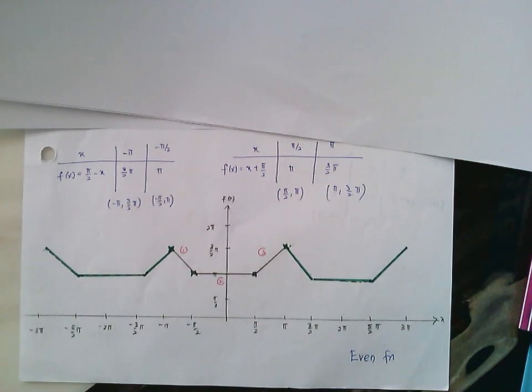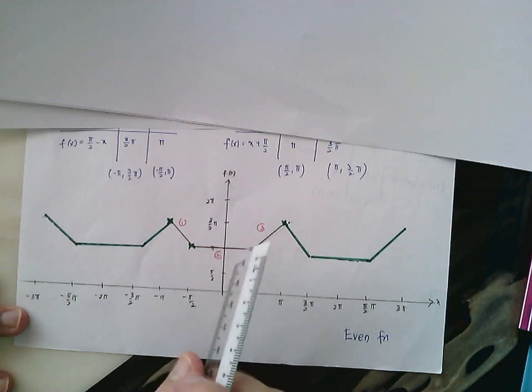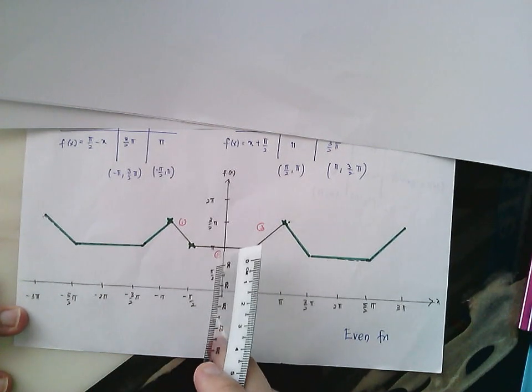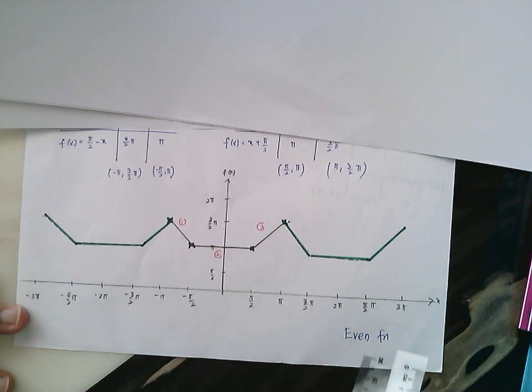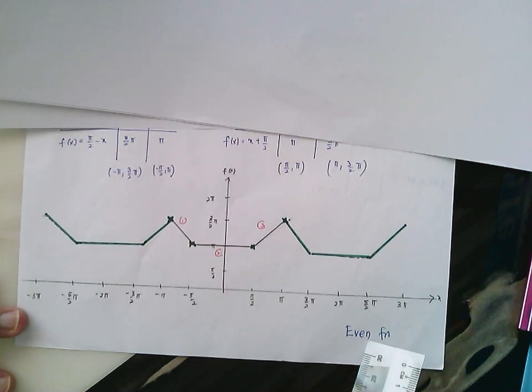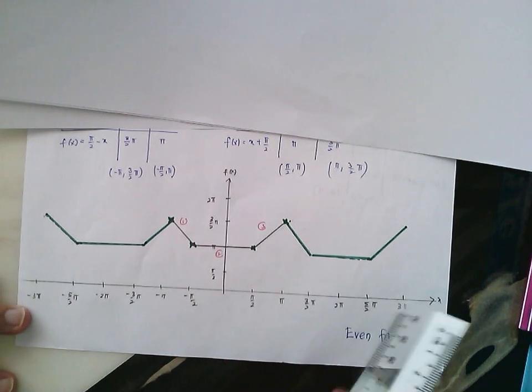As you can see, the graph is symmetrical about the f(x) axis. Therefore this is an even function, because this is symmetrical about the f(x) axis.